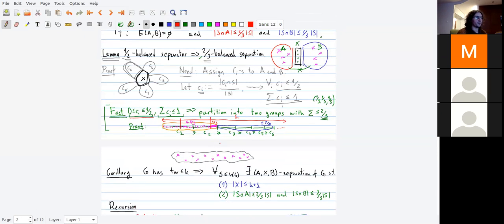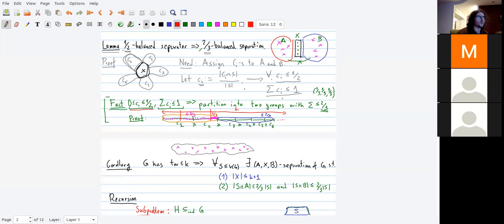As a corollary of these two lemmas, which is exactly what Jerzy was talking about, I can prove the following. If I've got a graph of treewidth at most k, I can find in it a half-balance separator of size at most k plus 1.